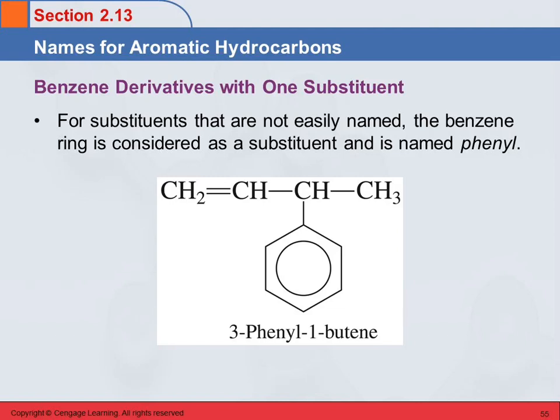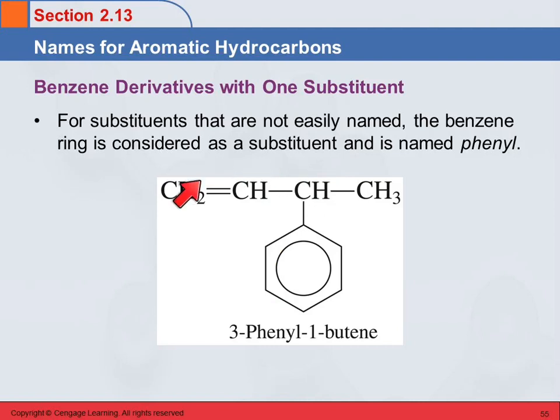Now the division about longest chain, here we're kind of going with the more complicated thing. So if this is something that we can't name easily, then we're going to call this phenyl. Why isn't it benzyl? Well, that's something else. It's phenyl. So as a group, this is named phenyl.